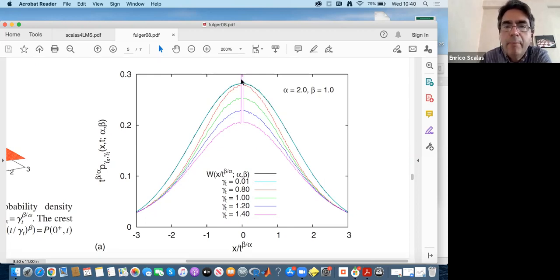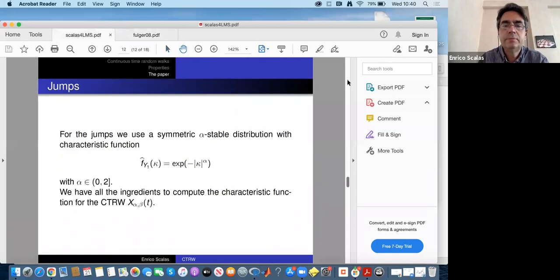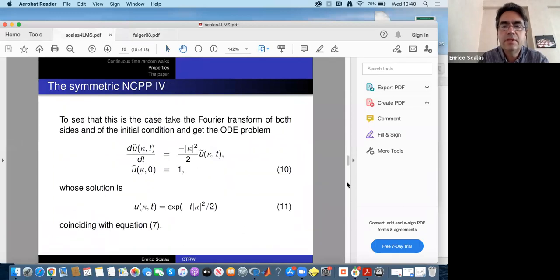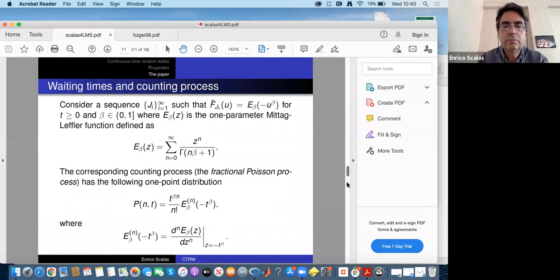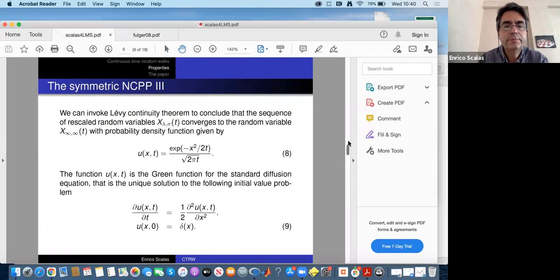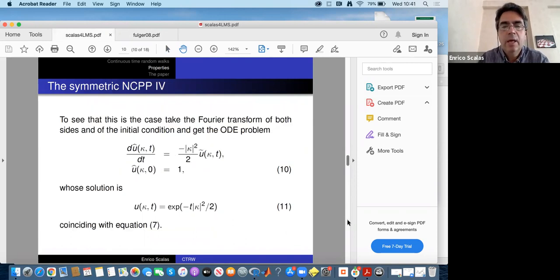There will be a small bump here in the origin that you cannot appreciate anymore for gamma t equals 0.01. Okay, so this shows this function here, apart from the factor 2 that is appearing here, maybe.